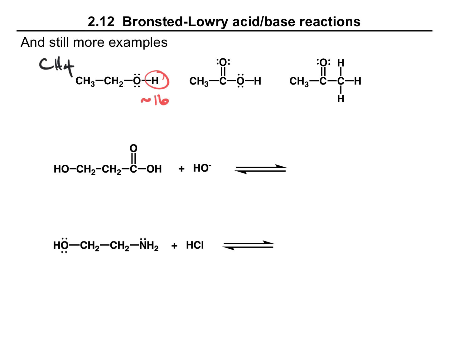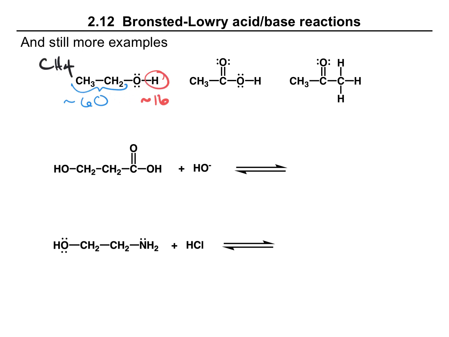So because they are similar, then we can estimate that these are going to have a pKa of about 60. So these are really weak acids, and this is the stronger acid within this molecule.